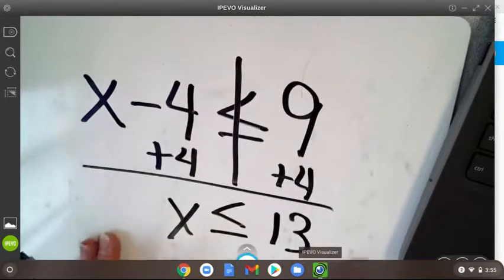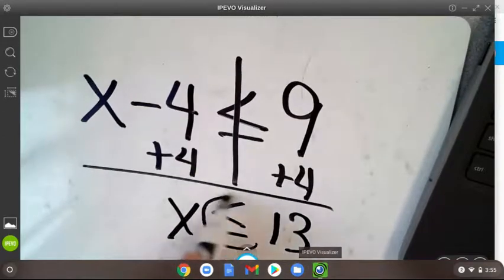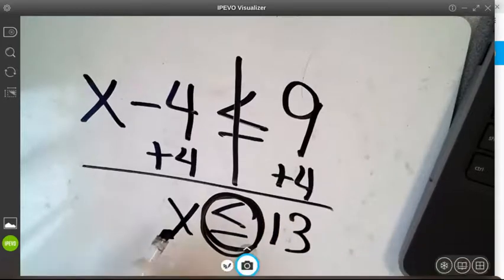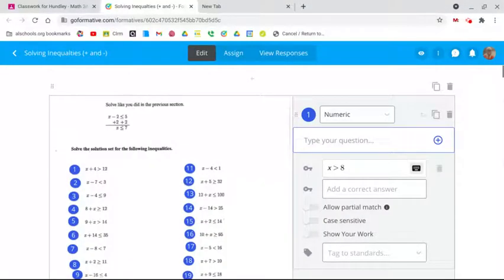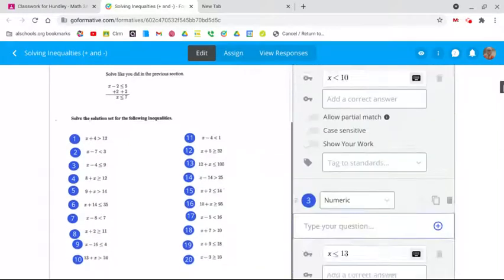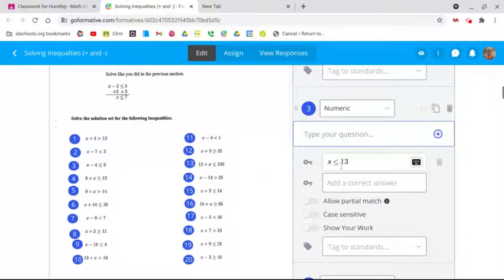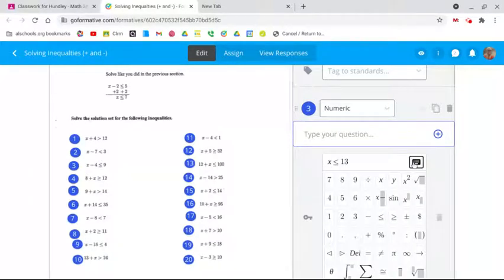Here's the problem. This symbol is not on your Chromebook keyboard. So what you're going to have to do is, on number 3, type in x, and then pull up this keyboard, and you'll see this symbol right here: less than or equal to.